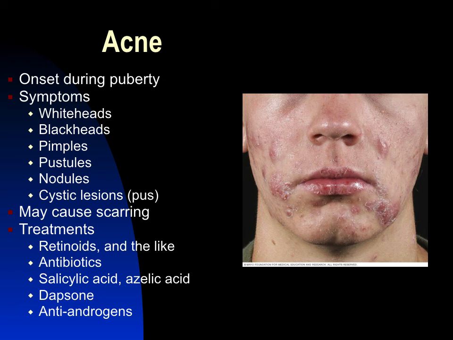Acne may cause scarring, and so you get the deposition of fibrous material in there. Treatment of acne is most effective with retinoids, but certain antibiotics and salicylic acid all work against bacteria, and then hormones that reduce the production of sebum and infection there. But acne is an infection of sebaceous and sweat glands.